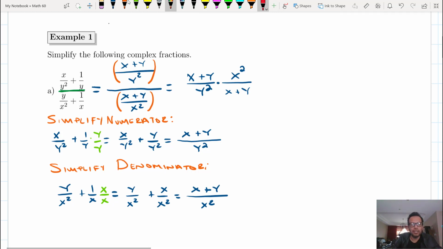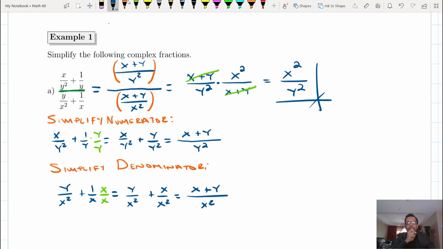And it turns out, if you observe here, we can divide out x plus y with x plus y, leaving us with the quotient between x squared and y squared. In other words, the numerator is left with an x squared and the denominator is left with a y squared. All right, and that's the final answer. Let's call it a day for this example.